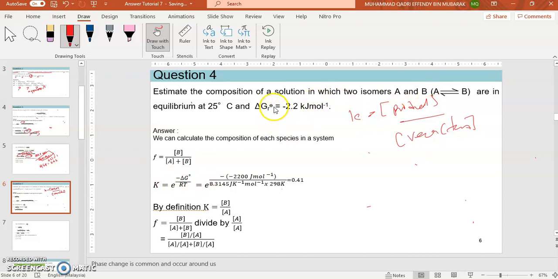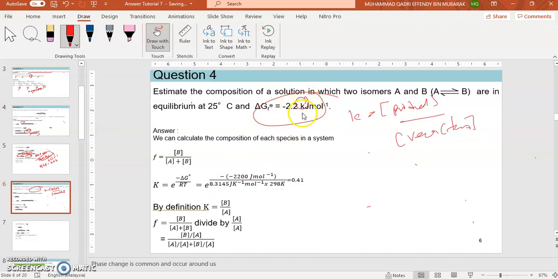Here our delta G is given as negative 2.2 kJ per mole, so we can convert it. It depends on you which unit you want to use. You can convert the R constant or you can convert the delta G, depending on which method you are comfortable with. Here what I did is convert this into joule per mole.